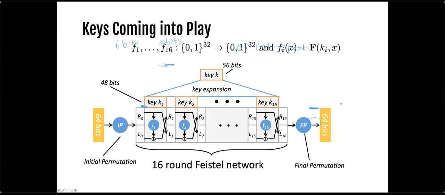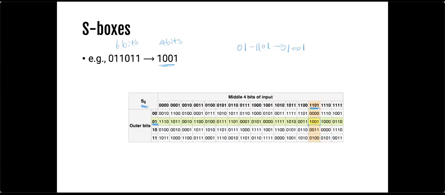Okay, so then, all right. A question. Yes, please. Can you go back to that other slide just for clarification? Yes. It says outer bits, so we're really just taking the first bit and the last bit to decide the row, right? Well, no, you actually take both this, as you said, this is outer bits, right? As well as this.